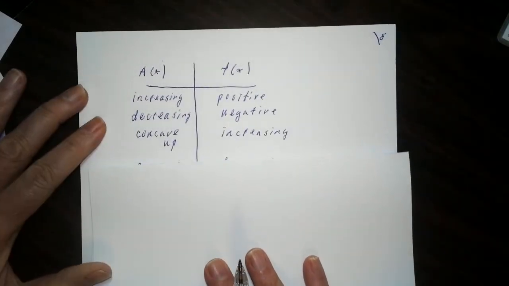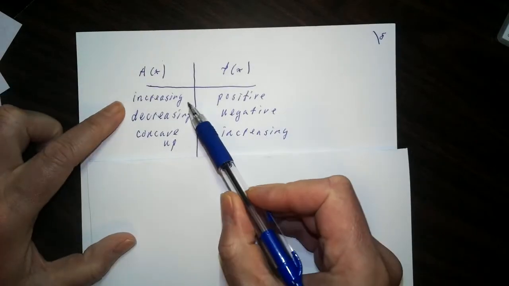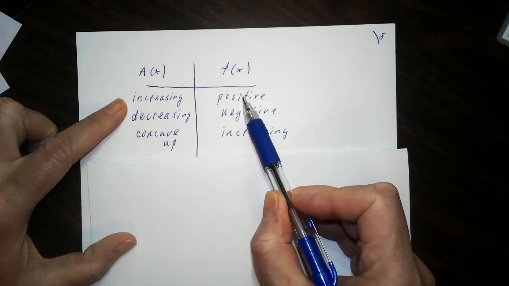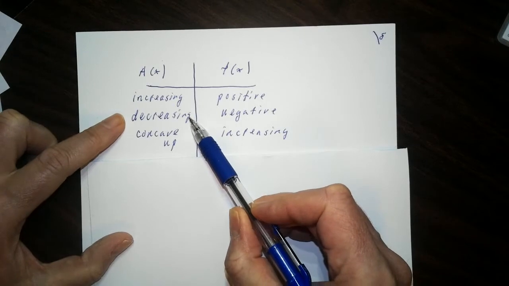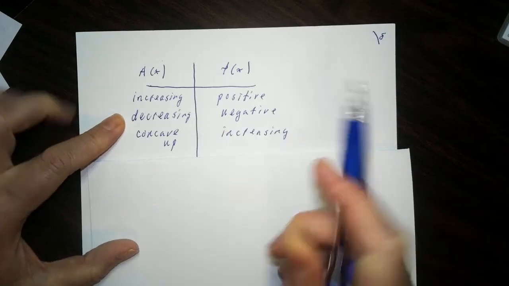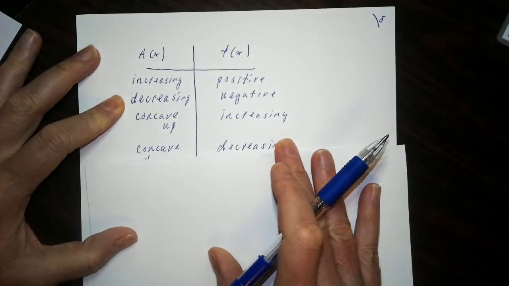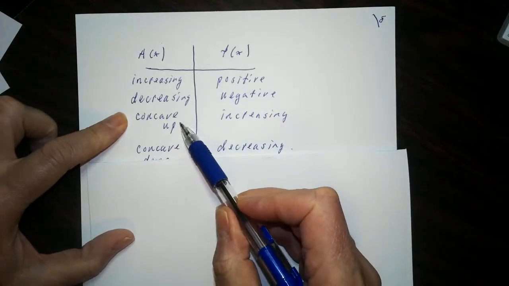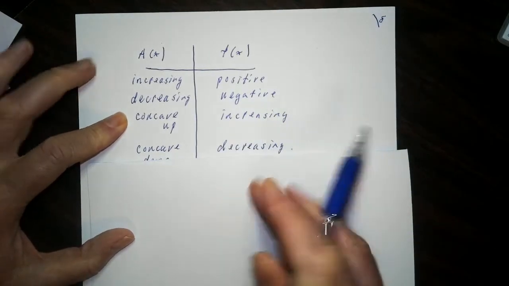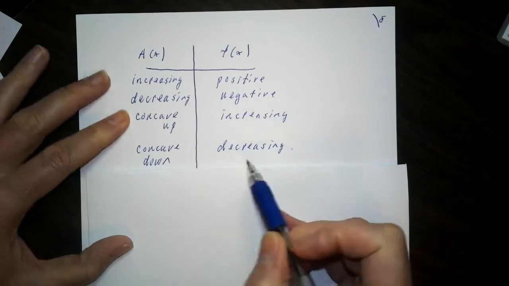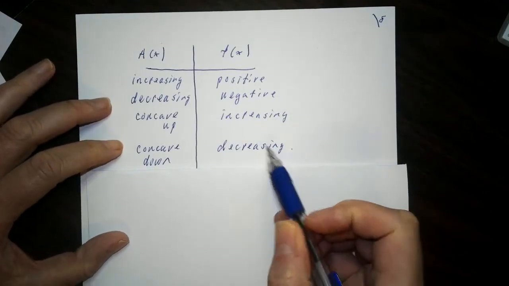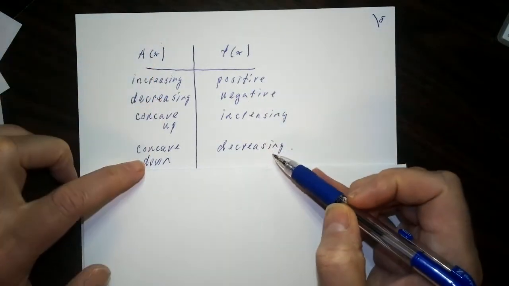So let's summarize it in this table. If the area function is increasing, little f is positive. If the area function is decreasing, little f is negative. The area function is concave up precisely when little f is increasing. It is concave down precisely when little f is decreasing. This is just a function derivative relation.